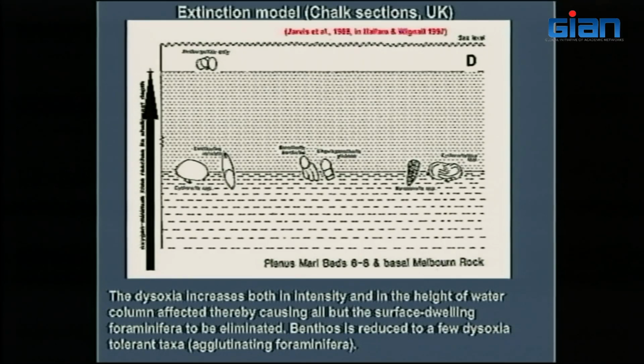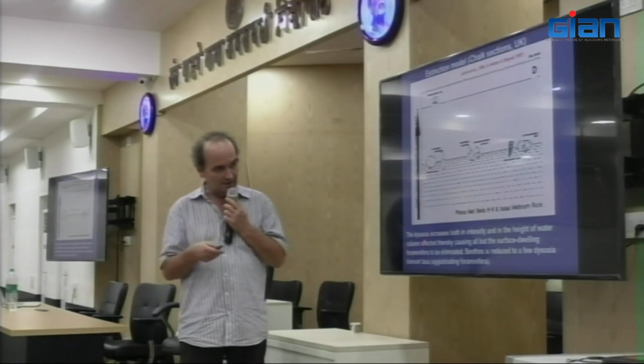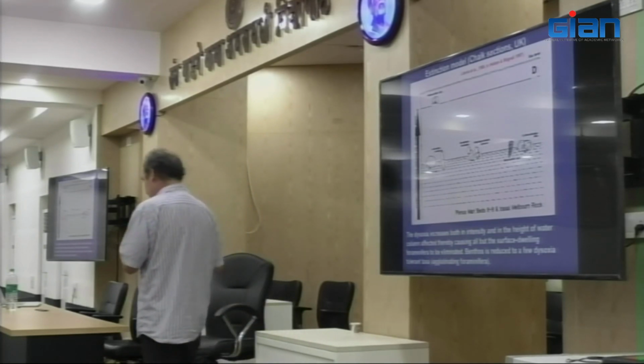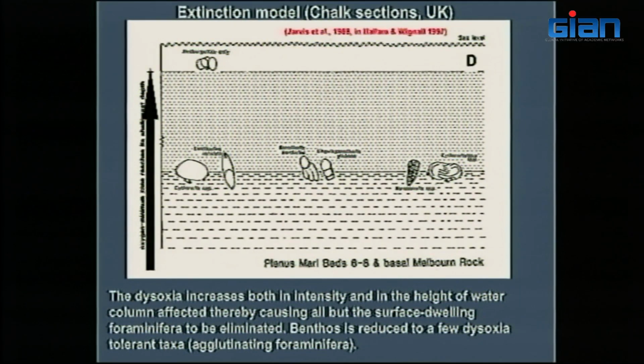They are not able to precipitate calcium carbonate in enough quantity to really build a real shell. And this clearly has something to do with oxygen, but also with the fact that the pH, due to the large amount of organic matter and the large amount of CO2 in the atmosphere and in the water, may have been lowered for a while. And in this case, this is clearly the end of the story.